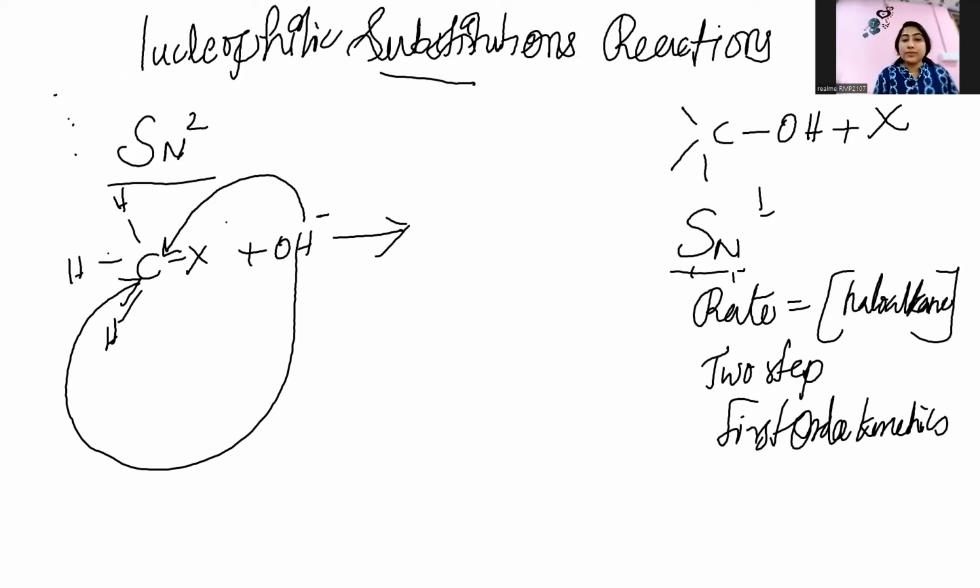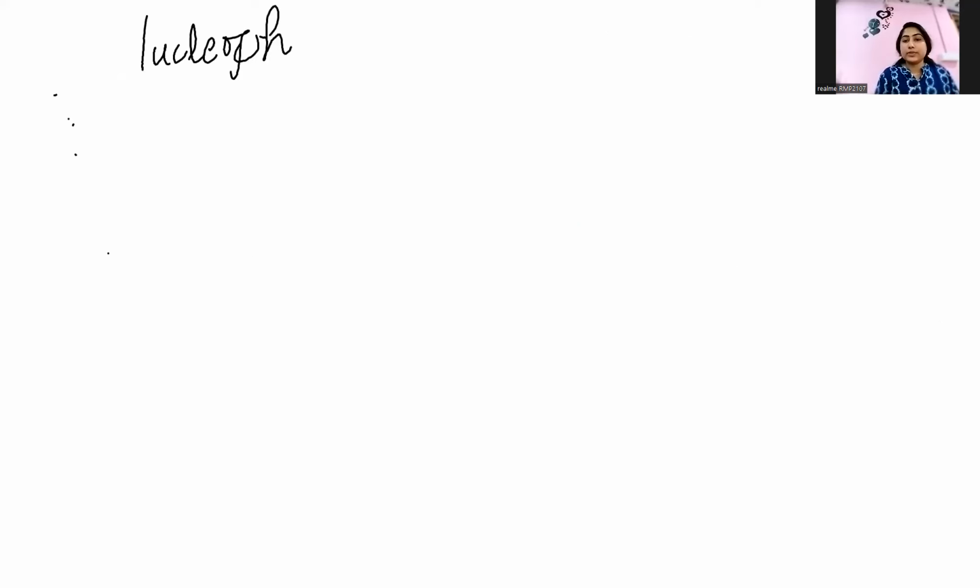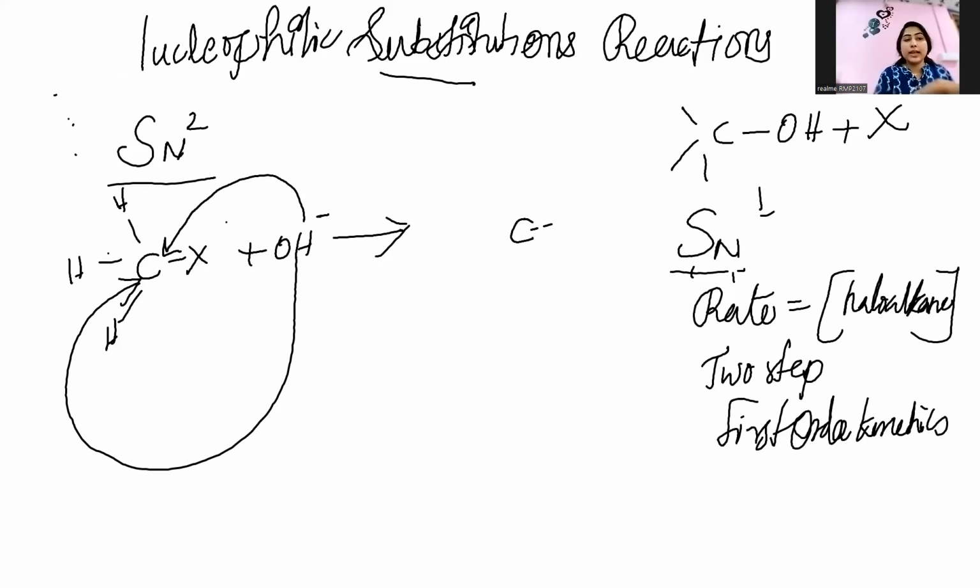So in this reaction, let me show you that carbon is bonded to oxygen. Is this the correct position? No, it is not the correct position. This is the position where the halogen is present. The halogen is going to leave while OH is coming, but it hasn't formed its complete bond.